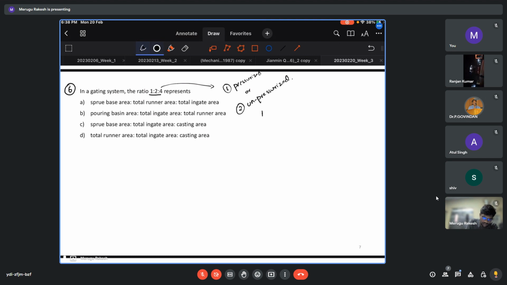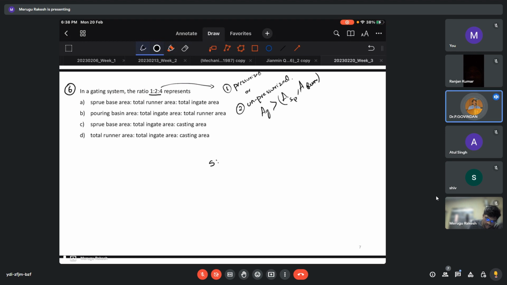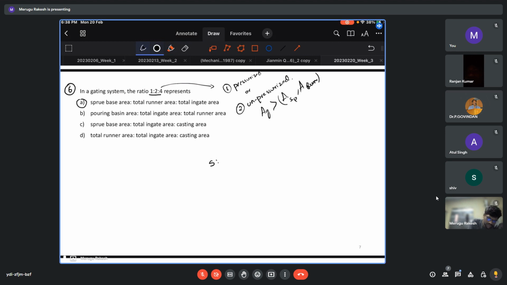Since here the gate area is greater than the sprue or the runner, hence this will be an unpressurized gating system. So this is the logic. Option A is correct, sir. Yeah, option A is the correct one.